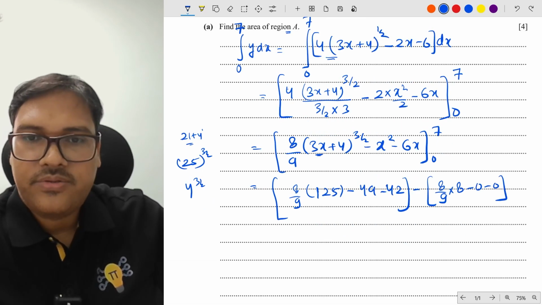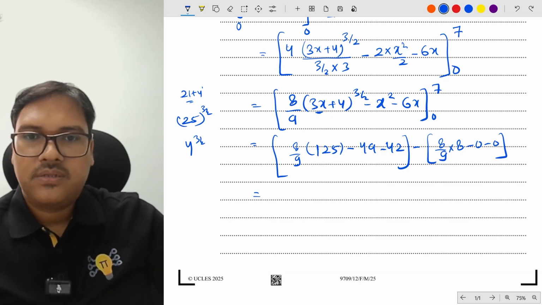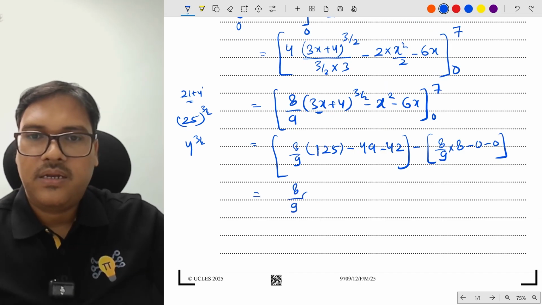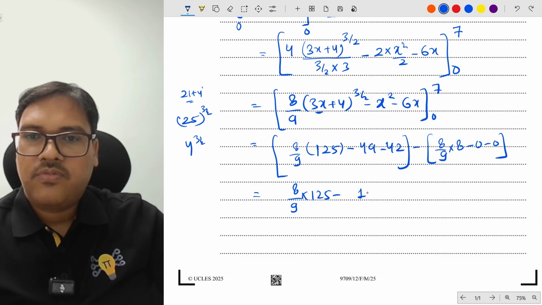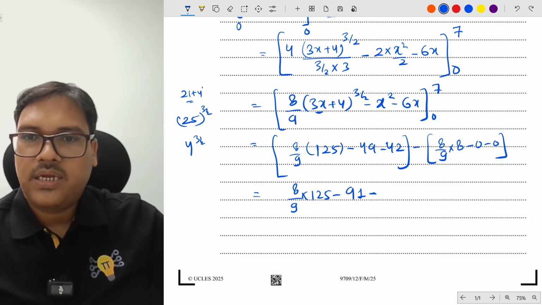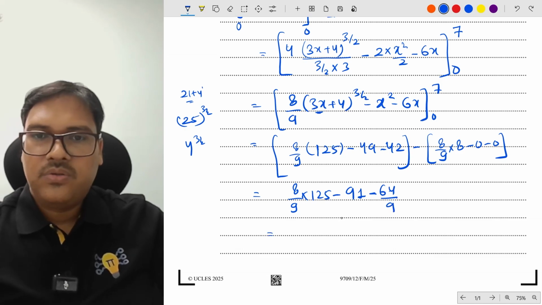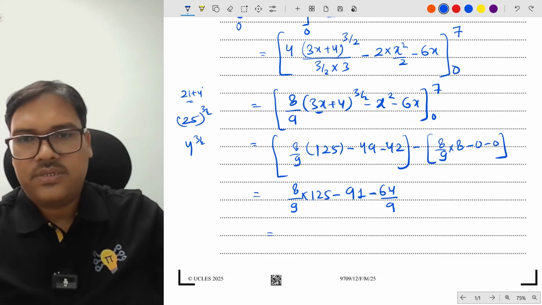Now we can just check the calculations here. This is 8 by 9 into 125 minus, this is what? This is 191 minus, this is what? 64 upon 9. So I think you can just check the calculations here now.